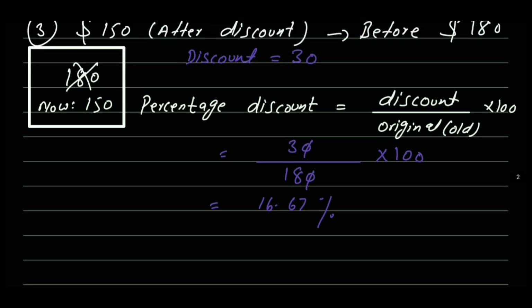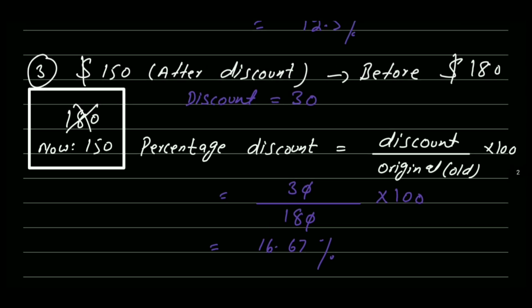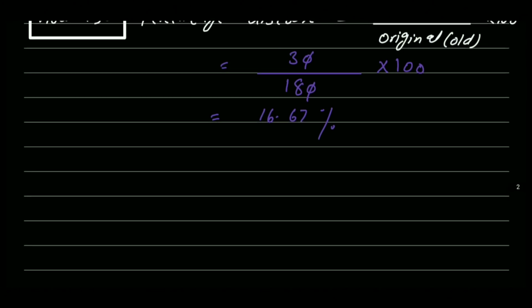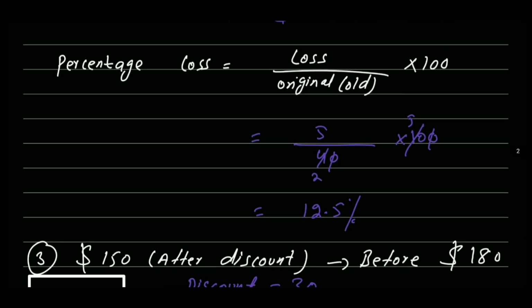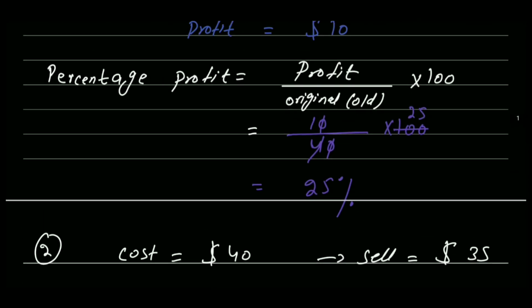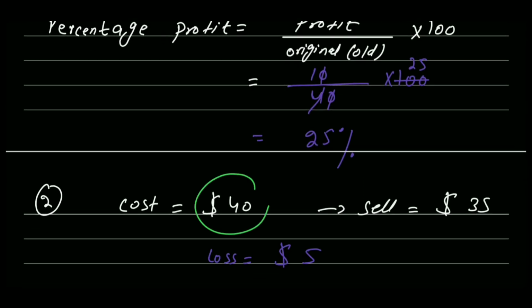Okay, so one thing you have to remember: there is a difference between sale price and selling price. Selling price, if the cost price is 40, is called the selling price.